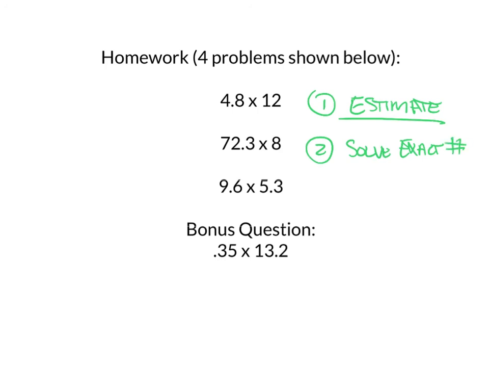How you solve it, you can use any method you want. Like you saw, I use the traditional method. You can use partial products, and you can verify it with your calculator. But again, first estimate it, because that's going to help you figure out where the decimal point goes. Do not use your calculator. Okay? All right. Let me know if you have any questions.